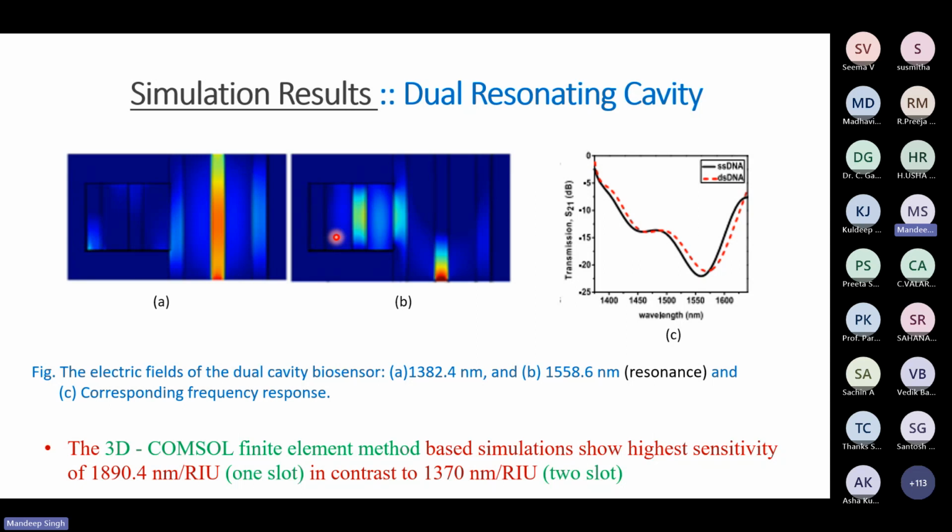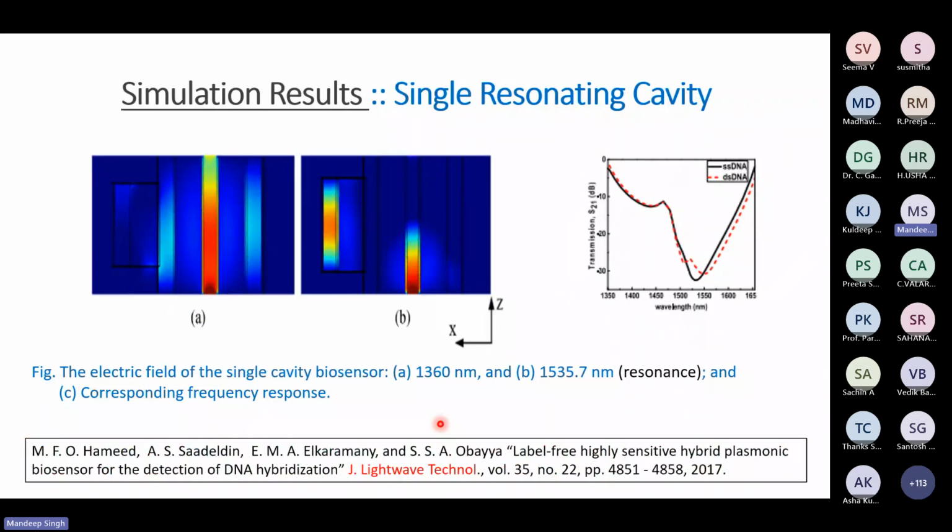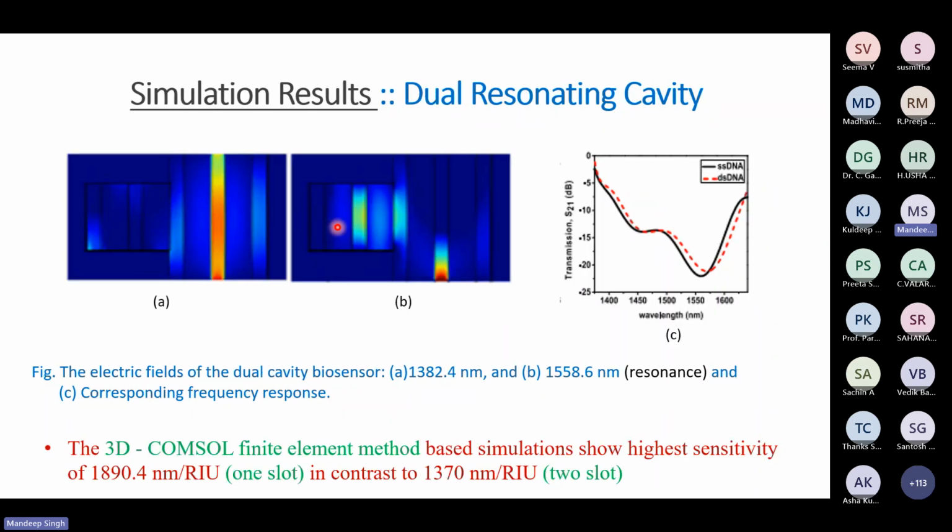There will always be some heating if you are moving toward dual, triple or quadruple resonance cavities. Therefore, due to heating, the performance will be reduced drastically. After this challenge, what they have reported in this paper is to try to use a lower number of resonance cavities in the nanophotonic structure, so that the heating region can be as minimal as possible.